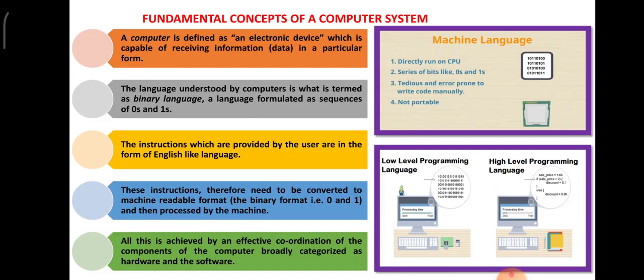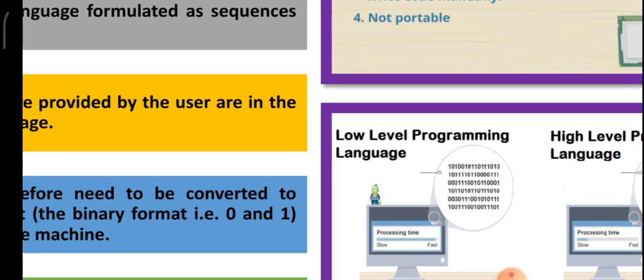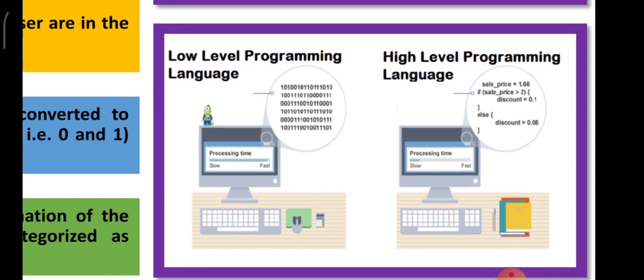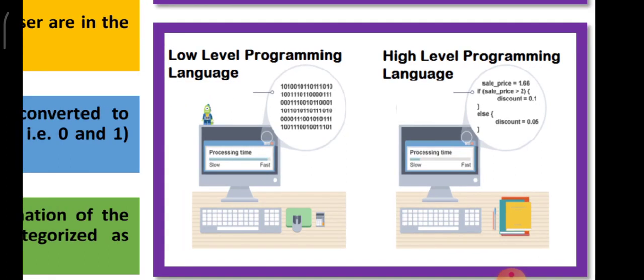Now coming to the fourth point, these instructions therefore need to be converted to a machine readable format, the binary format, that is 0 and 1, and then processed by the machine. Now let me show you the point which we have already discussed. On the right hand side, it is given in simple English, but look at the processing time. It is very slow.